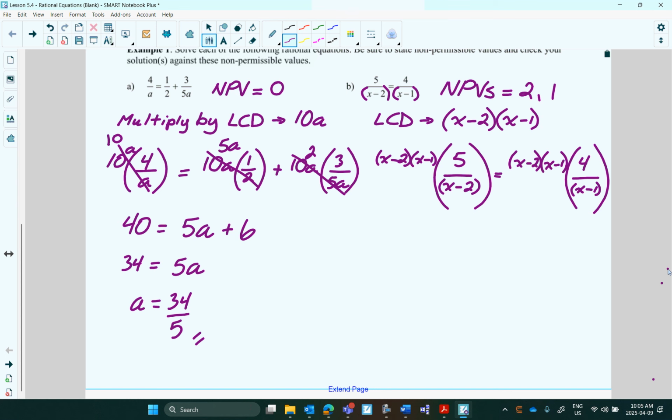Like so. And we're going to see that things cancel. The denominators are going to cancel out. What can I cancel out from here and here? Right. And here and here? Right. So now be careful here because you're left with x minus 1 times 5. So I got to multiply the 5 by both of these. 5x minus 5.